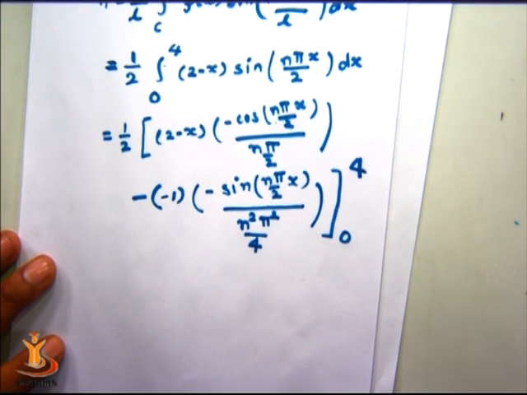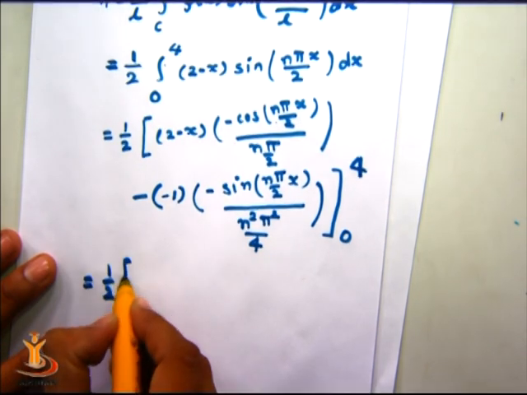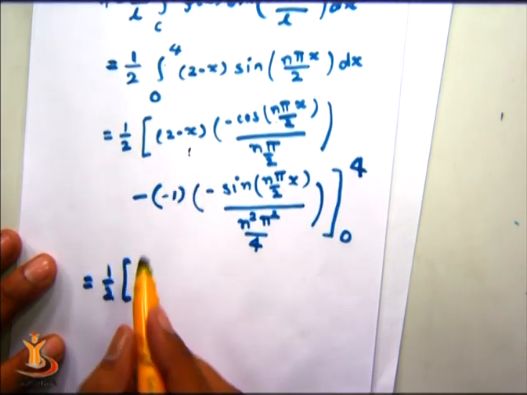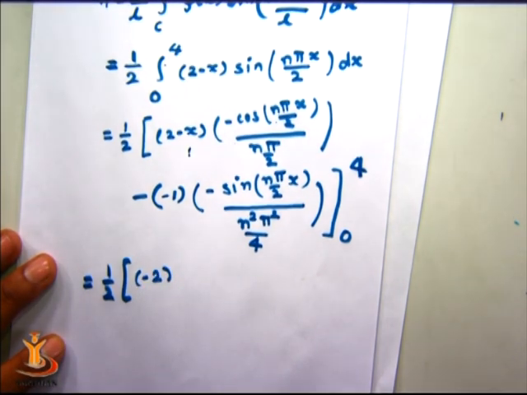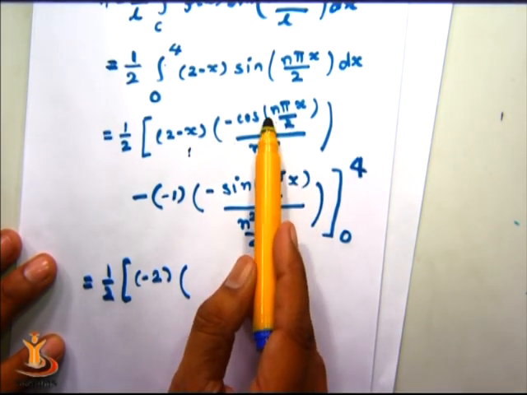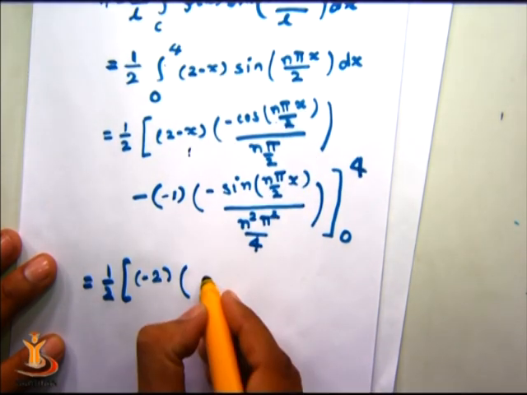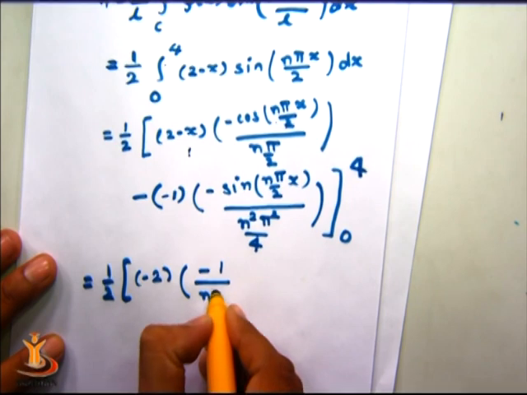Put x equal to the upper limit and lower limit. So for the first function, 1 by 2 into x equal to 4, so 2 minus 4, we can write it is minus 2, into cos of 4 by 2, so cos 2n pi. The value of cos 2n pi is 1, divided by n pi by 2.